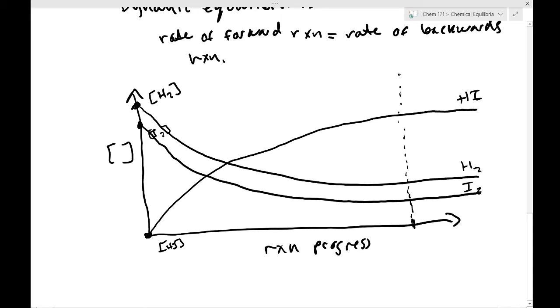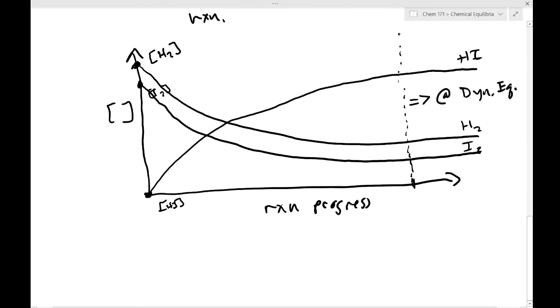At some point, we reach a point in the reaction where concentrations don't change anymore. This is dynamic equilibrium. So everything beyond this line is at dynamic equilibrium. And that's what is happening with the concentrations of these species, just to give you a more full picture of what's actually occurring here.